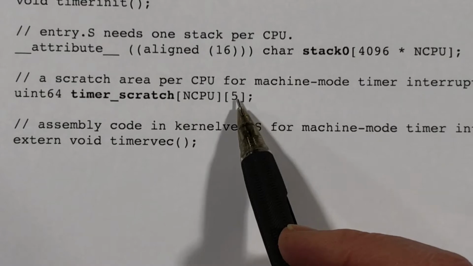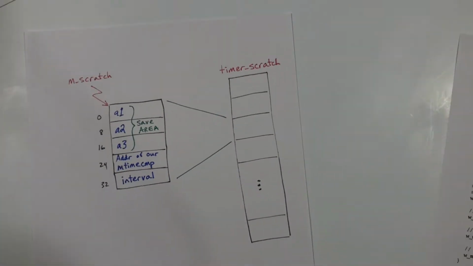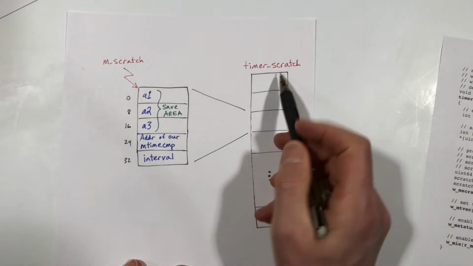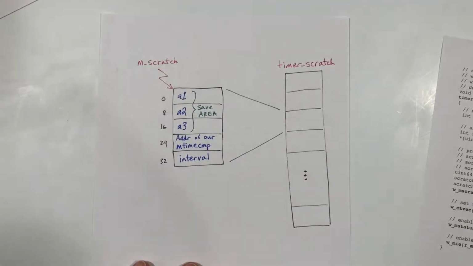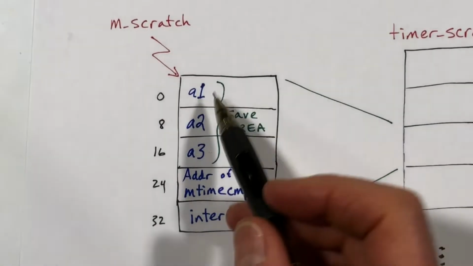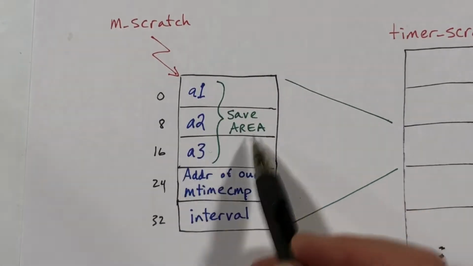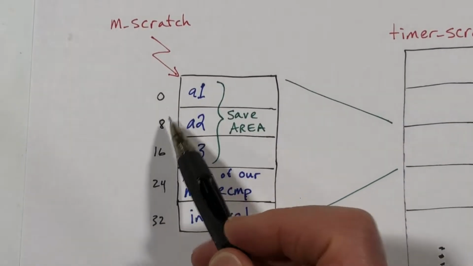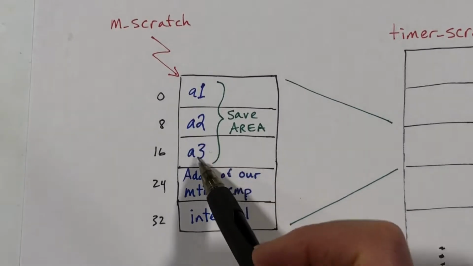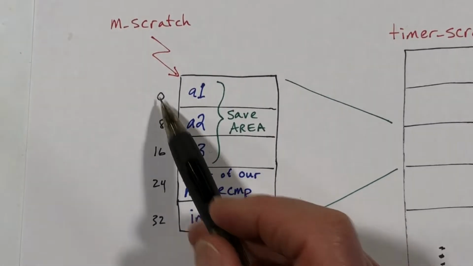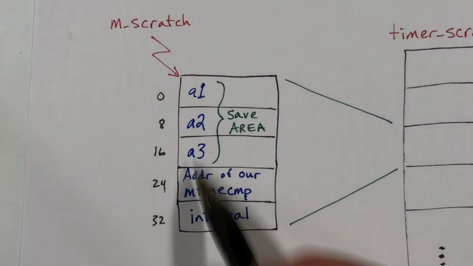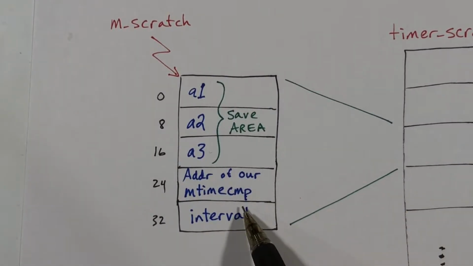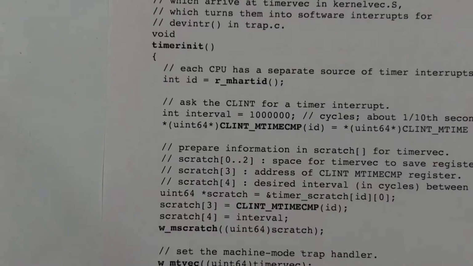So this is going to create an array of 5 words for each core. Here I'm showing this timer scratch array with all of its 8 elements, one for each core, and each element is going to look like this. It's going to have 5 double words. I'm showing the actual offsets here: this is index 0, index 1, index 2, 3, and 4, but these are the byte offsets into this element of the array, if you will. And so we need that.